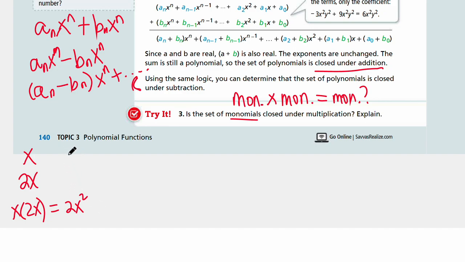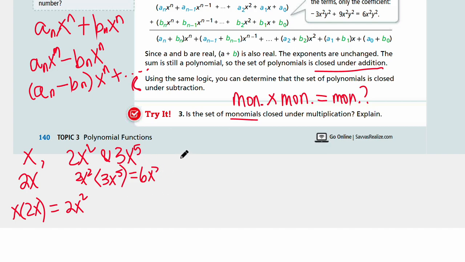So what about other monomials? What about 2x squared and 3x to the 5th power? This is still a monomial, right? If we multiply them, 2x squared times 3x to the 5th power is going to be 6x to the 7th power. Is this a monomial? Yeah, it still is. What if we have a different variable?